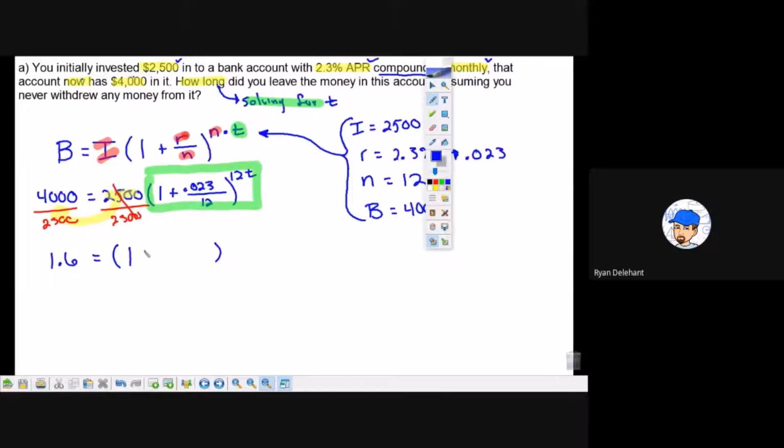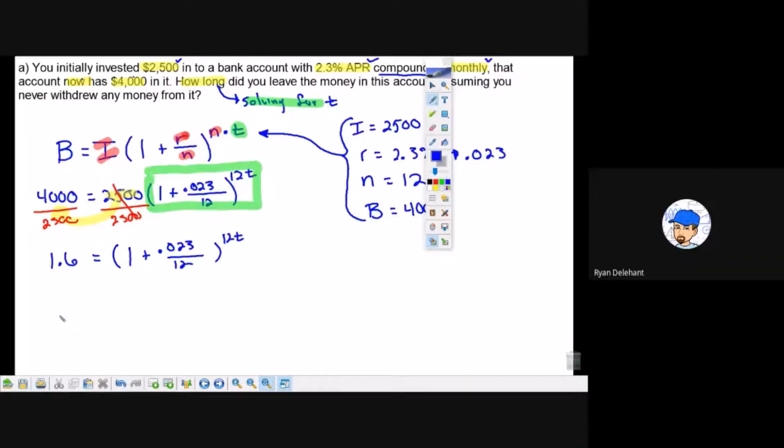It's 1 plus 0.023 over 12, to the 12t. So even though this doesn't really look like it, and it's actually kind of backwards, this is an exponential. We have a base, even though the base is something that looks weird. The stuff inside the parentheses is the base. We have a power, 12t, equal to a number.